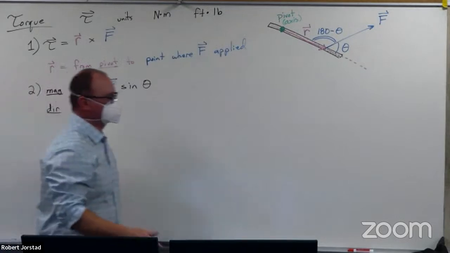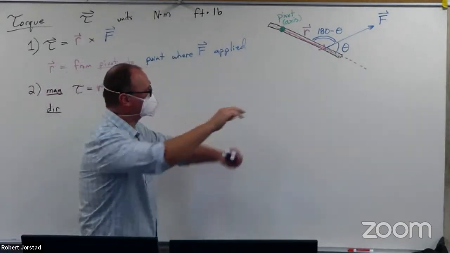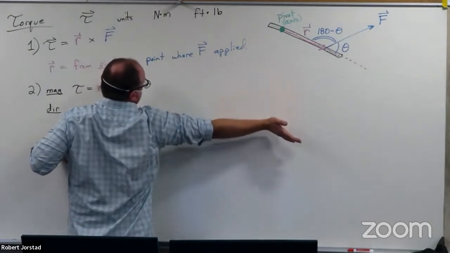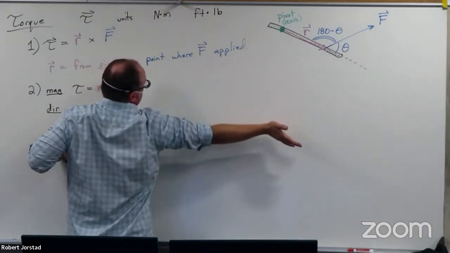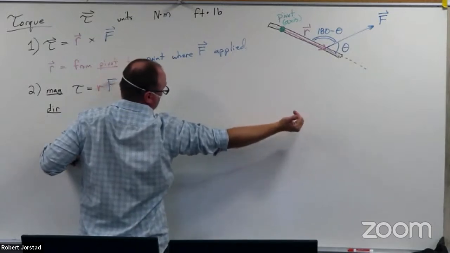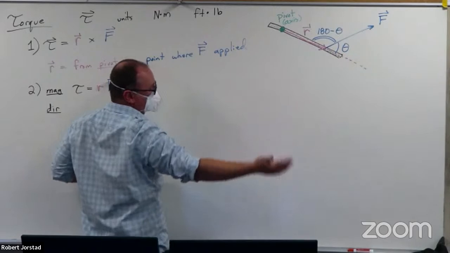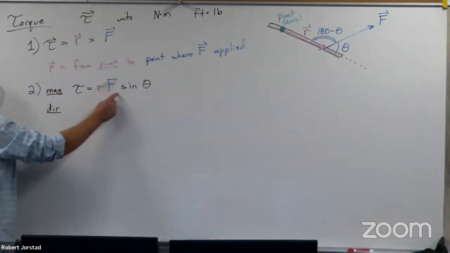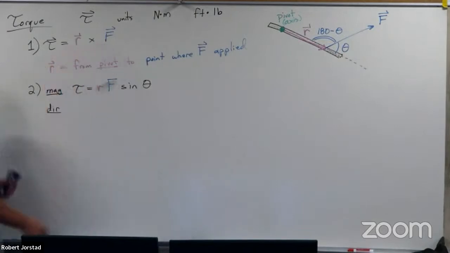Line up the fingers of your hand. Grab your right hand. Do it. Line up the fingers with the R vector. Curl them to the force. So fingers first vector, curl to second vector, thumb in direction of output. First, second, output.